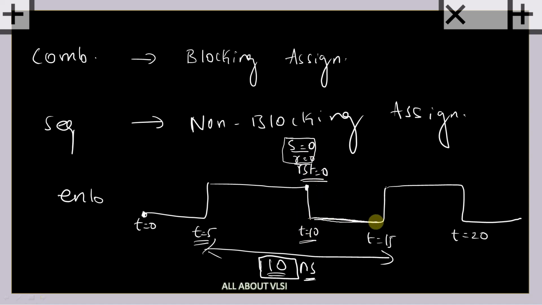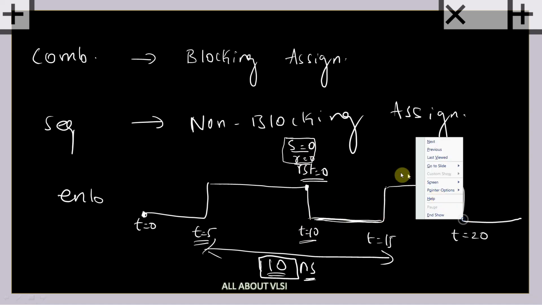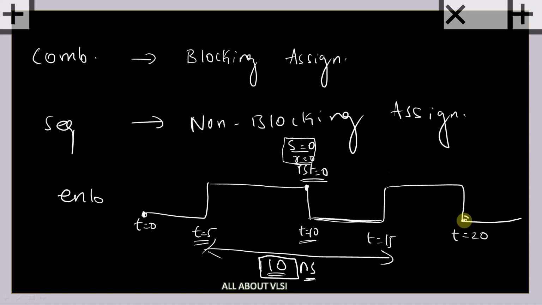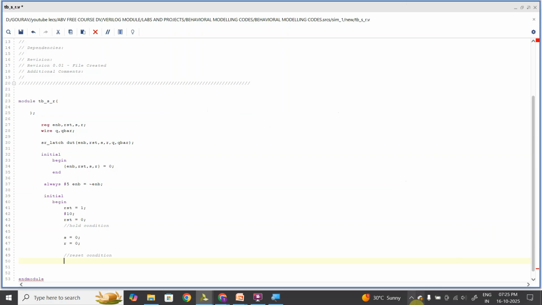Here these conditions will not work. We should wait up to t is equal to 20 to change our inputs. Then only our inputs are going to work. So at t is equal to 20, I am going to give another set of inputs like S is equal to 1 and R is equal to 0. Sorry, this is a set condition which I am going to provide.